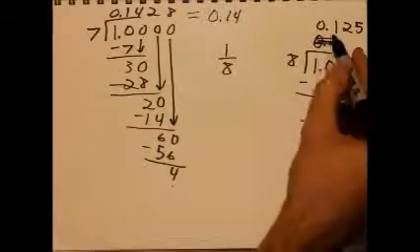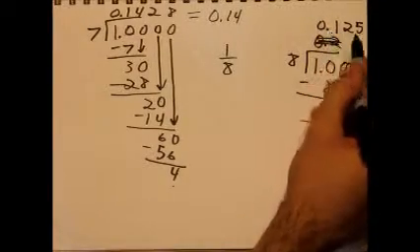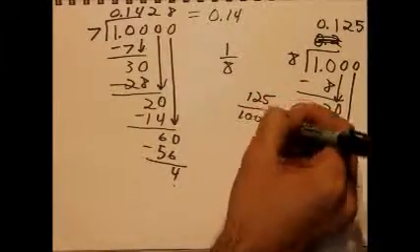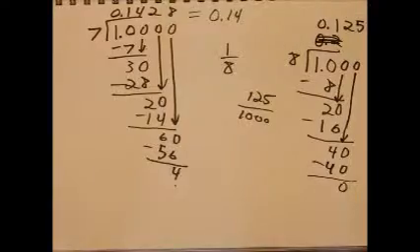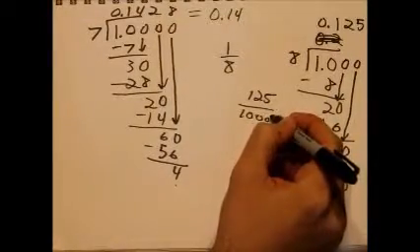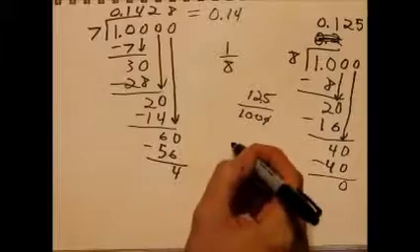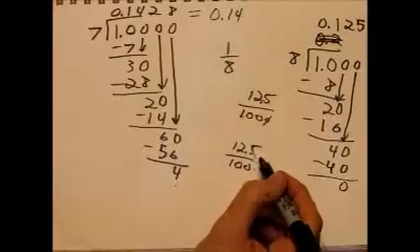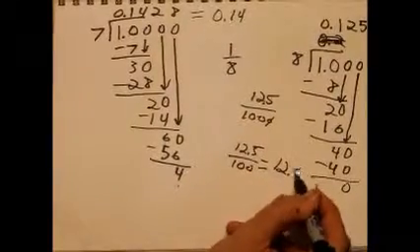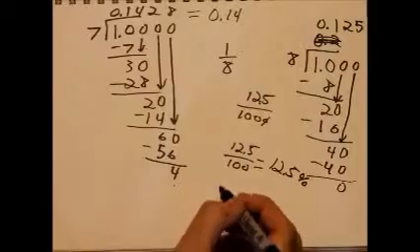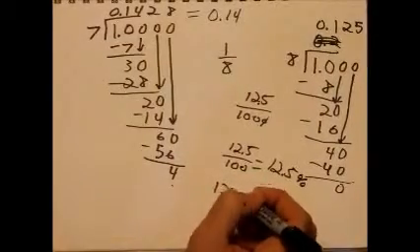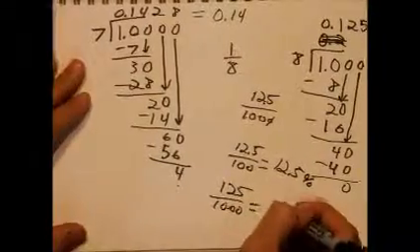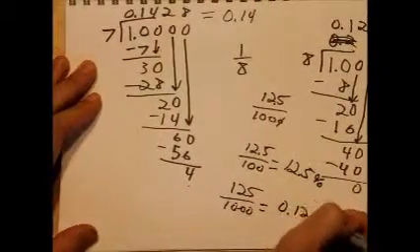So we have a remainder of 0, and we can stop right there. 125 thousandths, or now, if we take out this 0 and we add a decimal in its place, we'll get 12.5 hundredths, or 12.5%, or we can just keep it as it was, 125 thousandths, and we'll write 0.125.